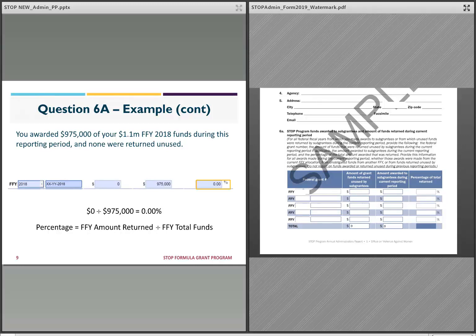In the amount awarded to subgrantees during the current reporting period, you would report $975,000. Because $0 were returned unused, the percentage of total returned that you would enter would be 0.